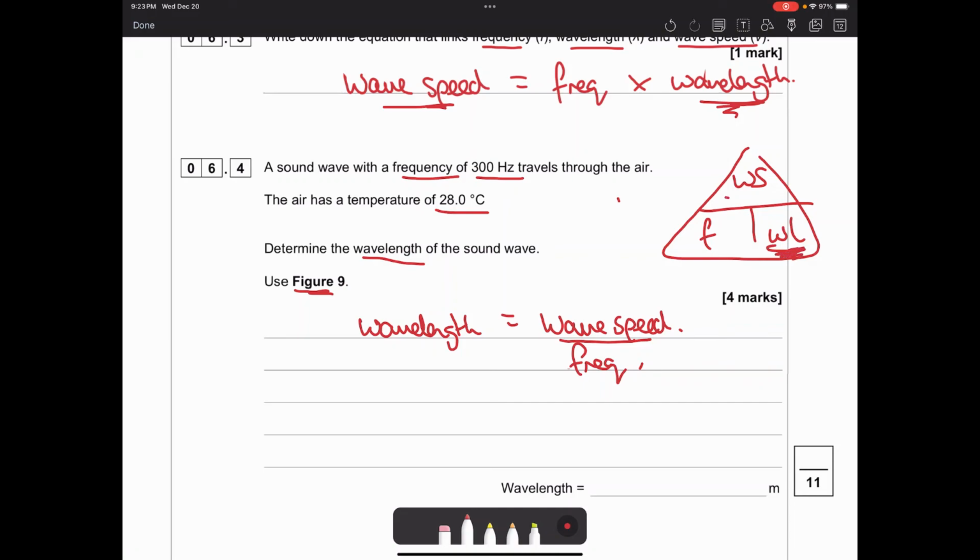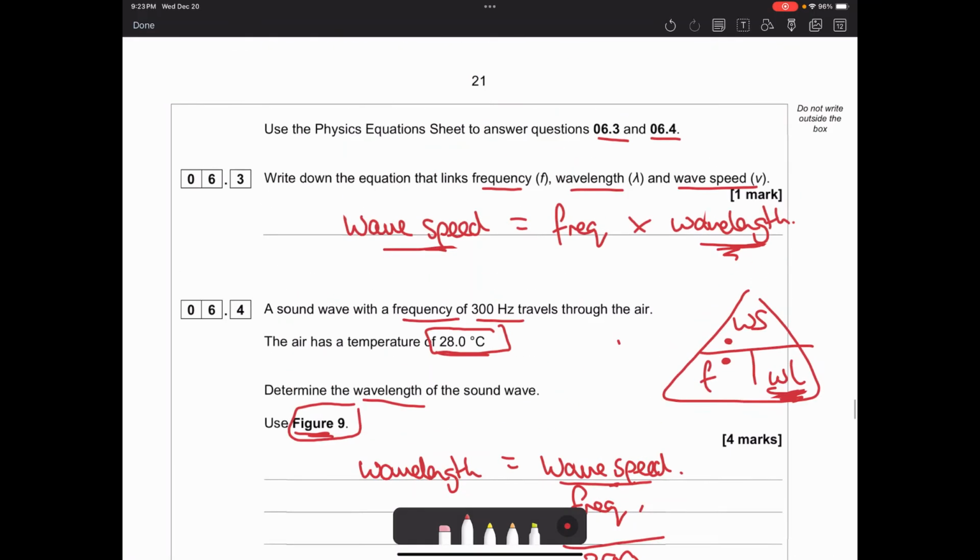To calculate my wavelength, wave speed divided by frequency. Now, my wave speed, I don't actually know. It's not given to me in the question. My frequency, though, is 300. To get my wave speed, I need to use my temperature and the graph I've been given.